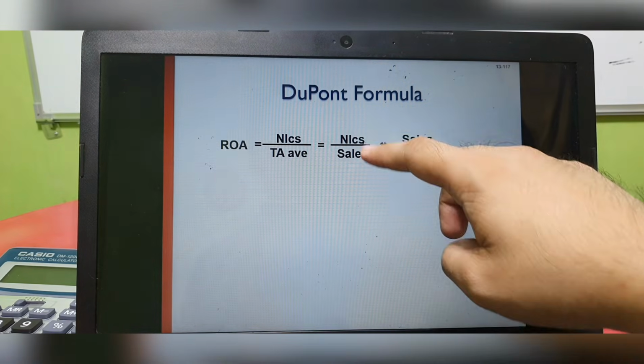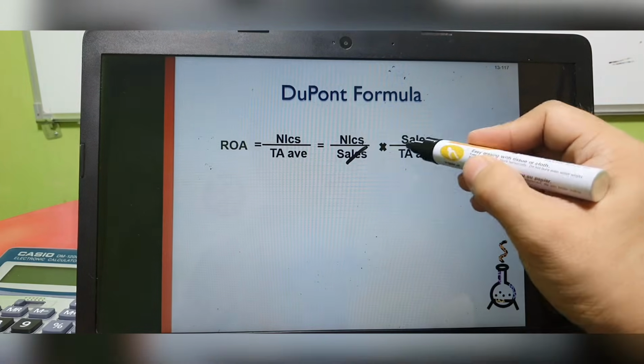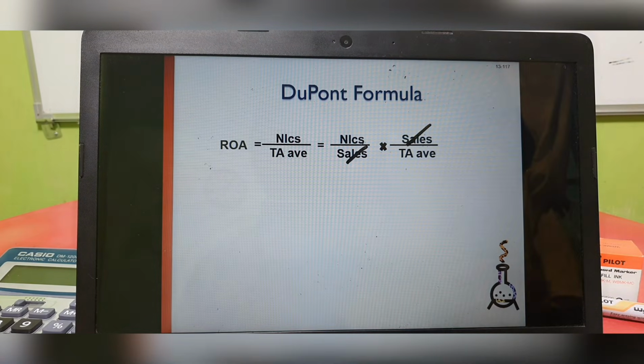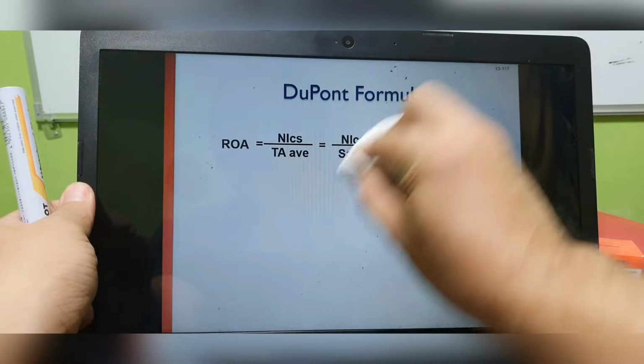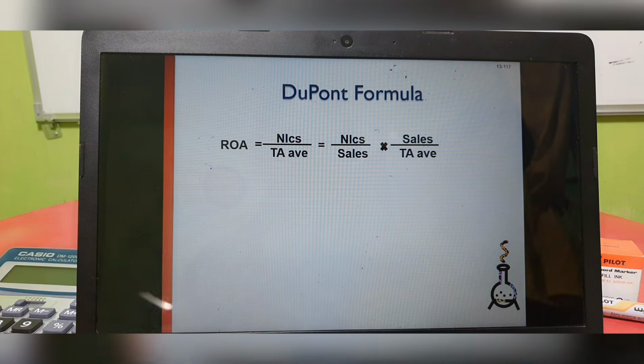Yung sales natin, nilagay natin sa denominator and numerator. Pag kinancel out mo yung sales natin, you will arrive at the same formula na NICS over total asset average. Itong NICS over sales, pag may NICS, return na pinag-uusapan. Sales to, so return on sales.